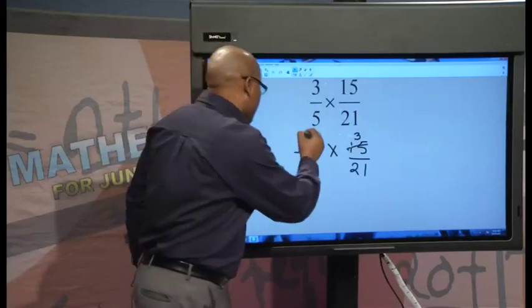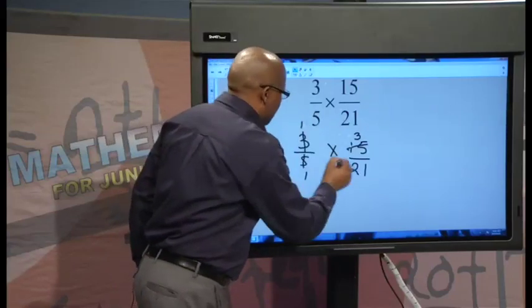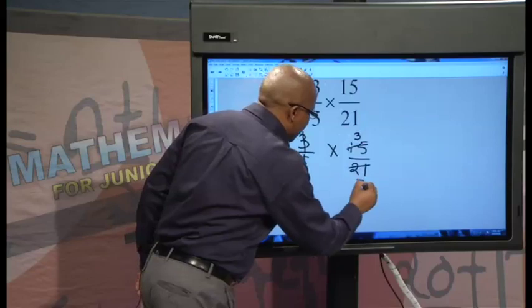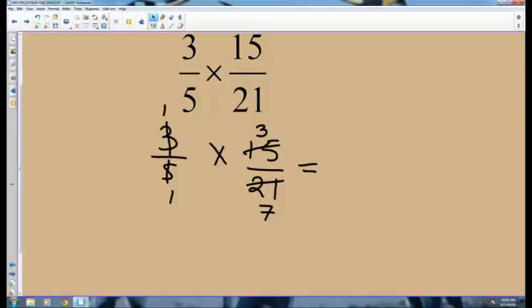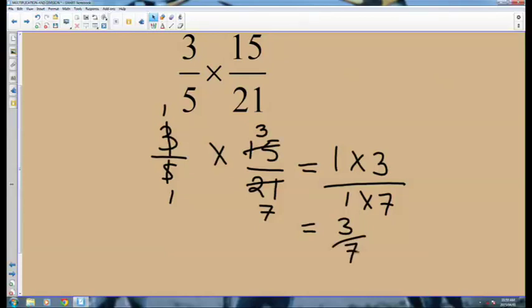So 3 into 3 is 1. 3 into 21 is 7. Now that's when we can multiply. We've got 1 times 3 divided by 1 times 7. And then 1 times 3 is 3 divided by 7. So the answer is 3 over 7.